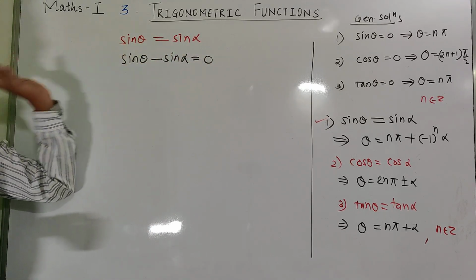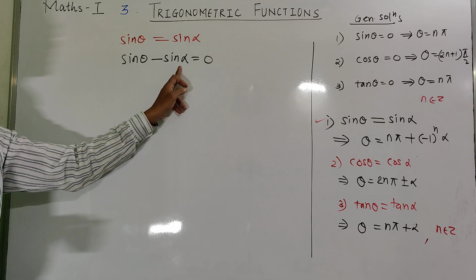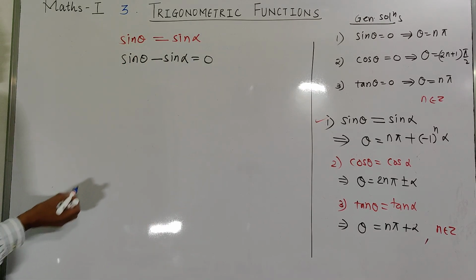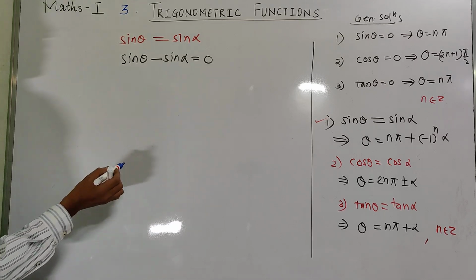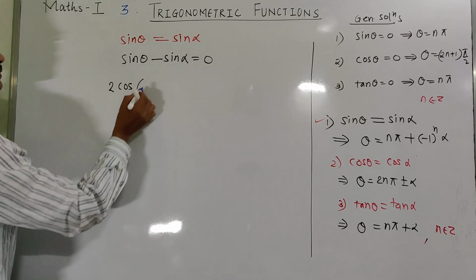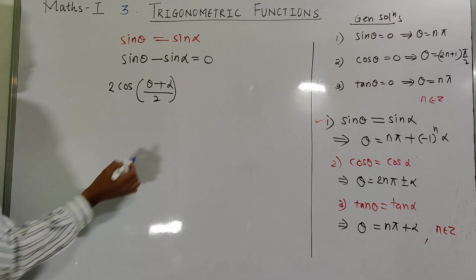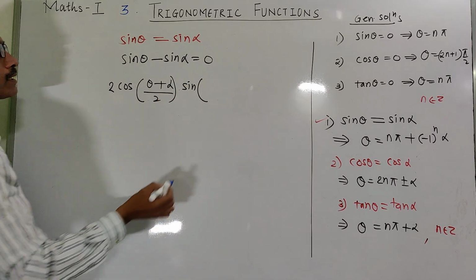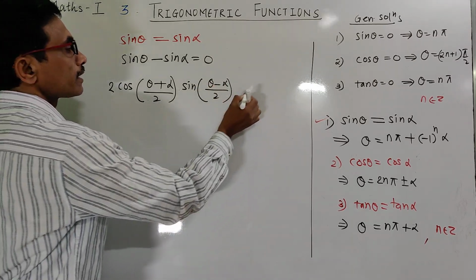Now we have sin c minus sin d, the factorization formula: 2 cos of (c plus d) upon 2 into sin of (c minus d) upon 2. So 2 cos of (theta plus alpha) upon 2 into sin of (theta minus alpha) upon 2, and the right hand side is 0.